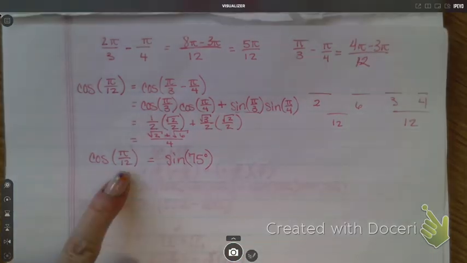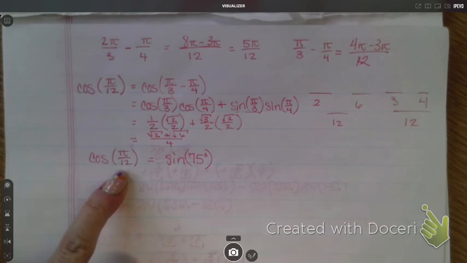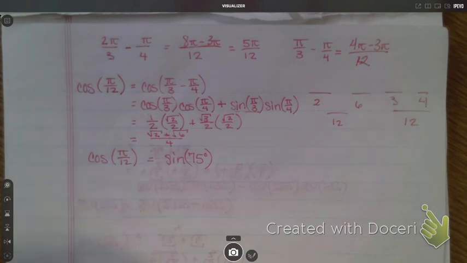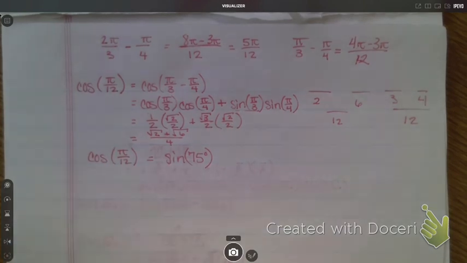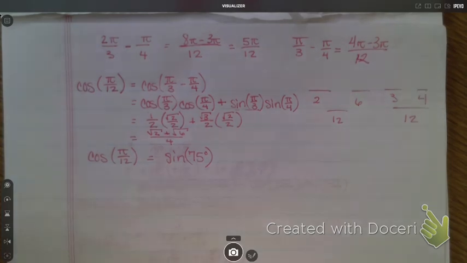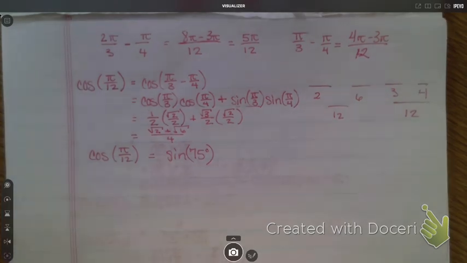Because what is pi over 12? 15 degrees. Those are complementary angles, so their sine and cosine are going to be equal. You're going to find your answers look a lot alike, because you're dealing with 1/2, square root of 3 over 2, square root of 2 over 2, over and over. So they are going to look very similar.